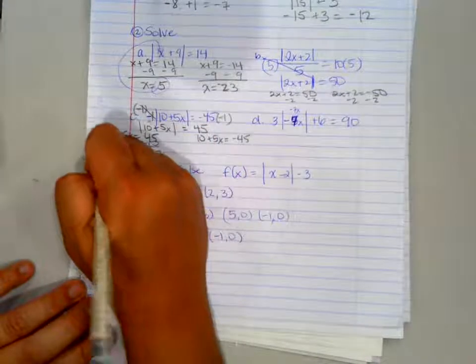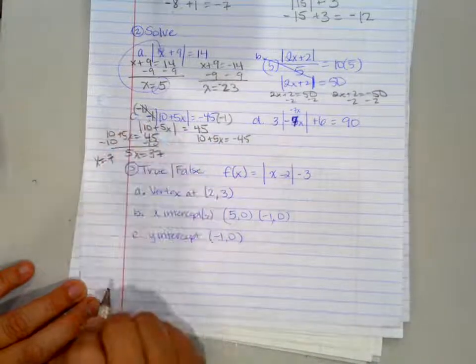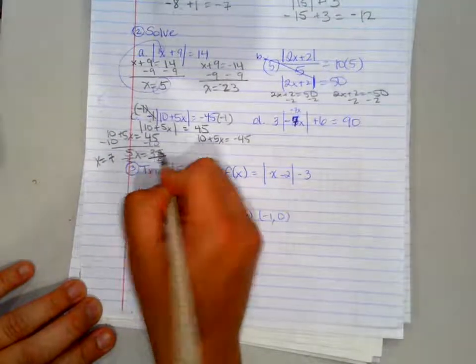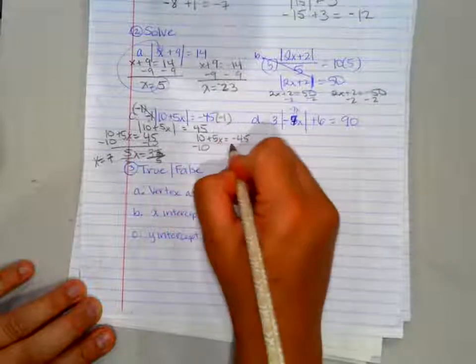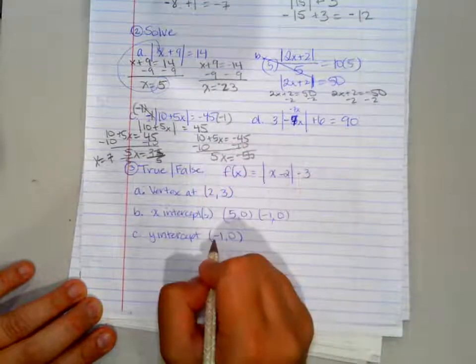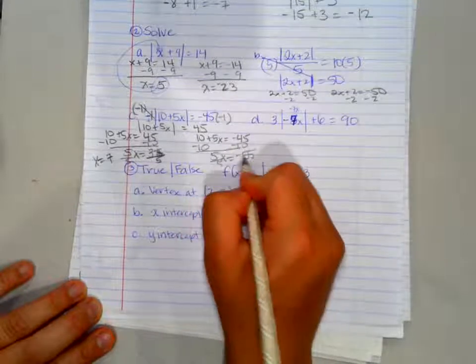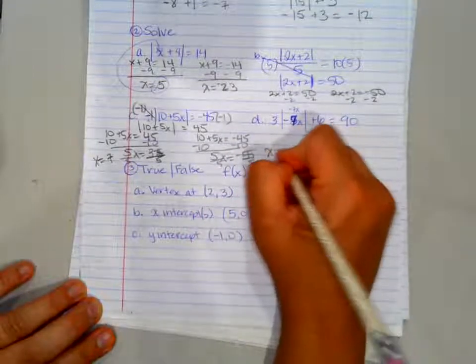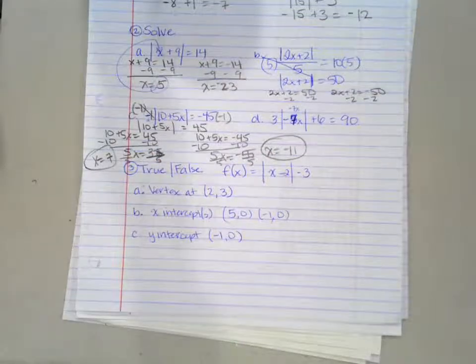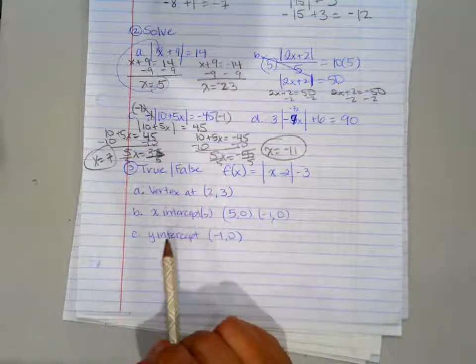And I divide both sides by 5, and then x equals 7. Subtract 10 there. 5x equals -55. Divide both sides by 5. X equals -11. So those are your two solutions.